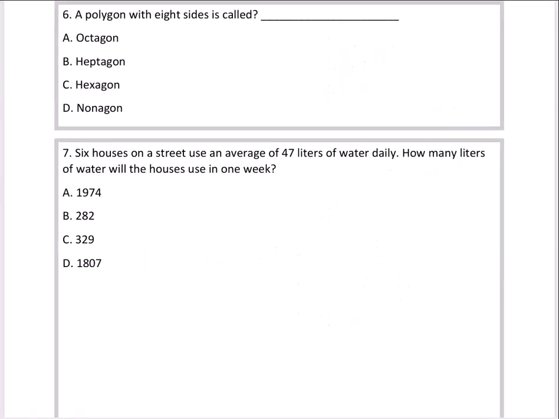For question number 6, a polygon with 8 sides is called an octagon. Just like an octopus has 8 legs, so it's called octagon. Okay, a brief one on polygons. A polygon with 5 sides is called a pentagon, like in the White House, you know.